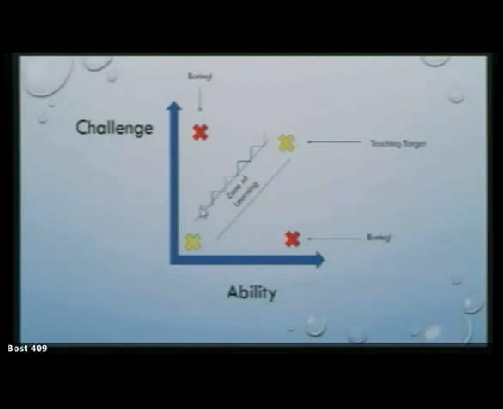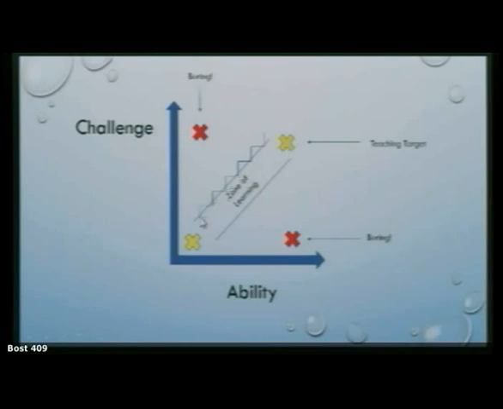Then we continue into that area until the young person feels confident to proceed to the next step, which is another challenge. Once they've attained that goal, we keep them within that area of comfort. And then we keep going on and on, up to the teaching target.